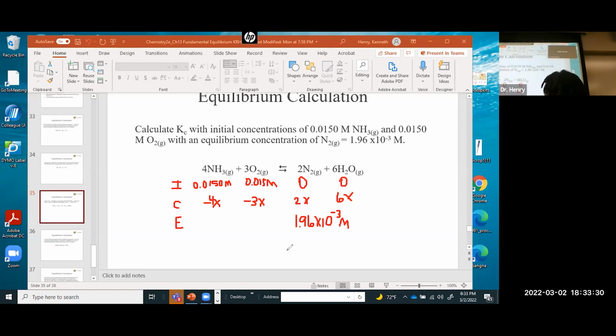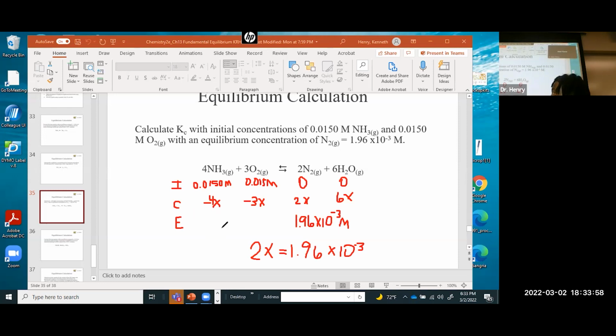Okay, so if we set it up in this fashion, and we have that 2x is equal to 1.96 times 10 to the -3, then we know what x is, right?